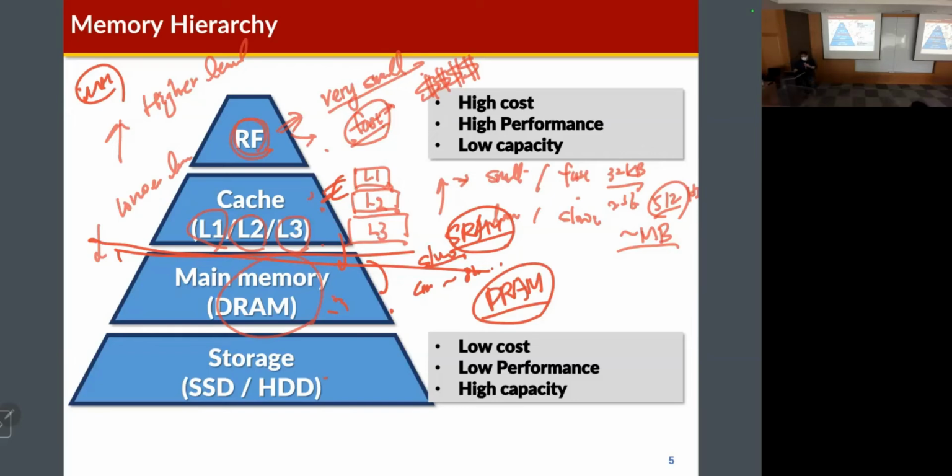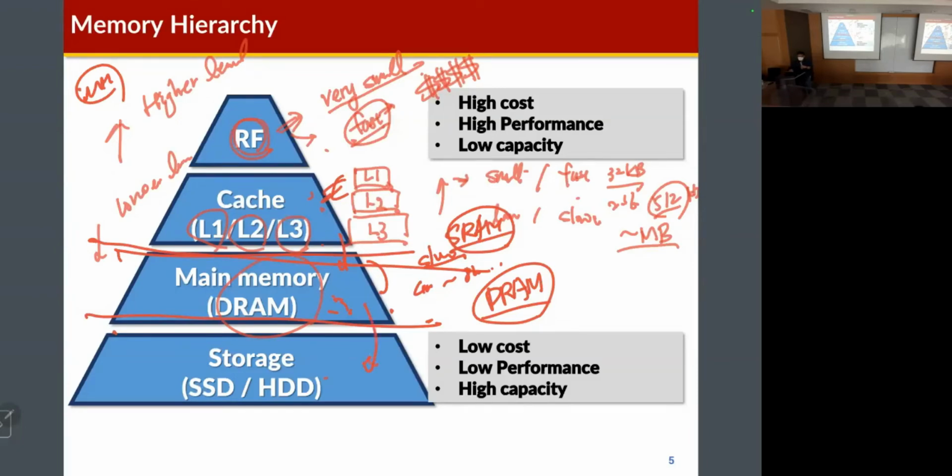The semiconductor process for manufacturing DRAM is totally different from the manufacturing process of processor logic. So we use DRAM as the main memory of the computer system.